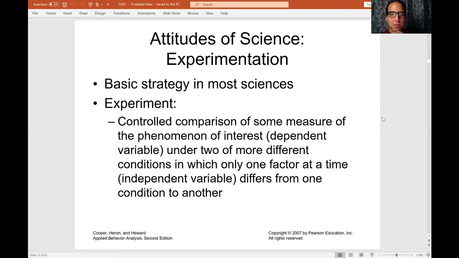Controlled comparisons, right? Like I said before, you want to be objective, you want to be thorough when you compare the measures of the phenomena of interest, and then you measure it under different conditions, and you make sure that you're only changing one factor at a time. So for example, for the ice cream, if you want to really know what influences me eating ice cream, then you have to test it under different conditions.